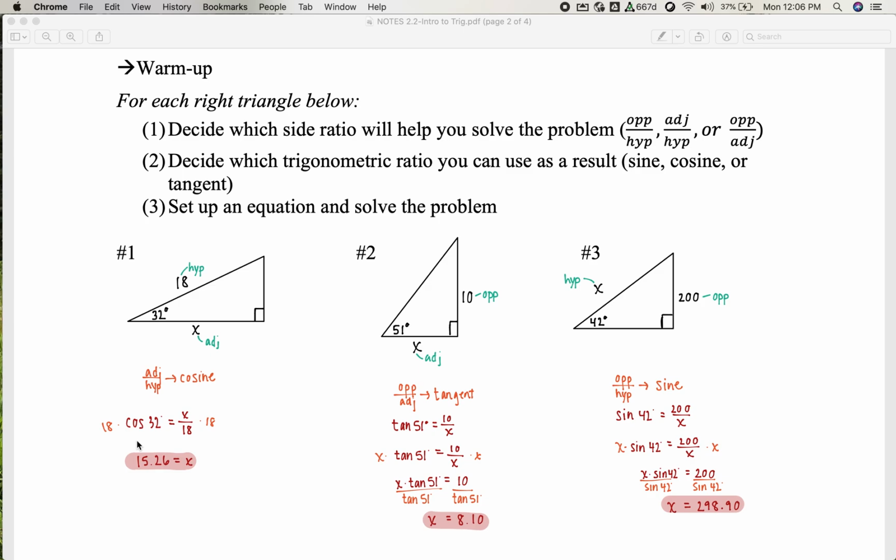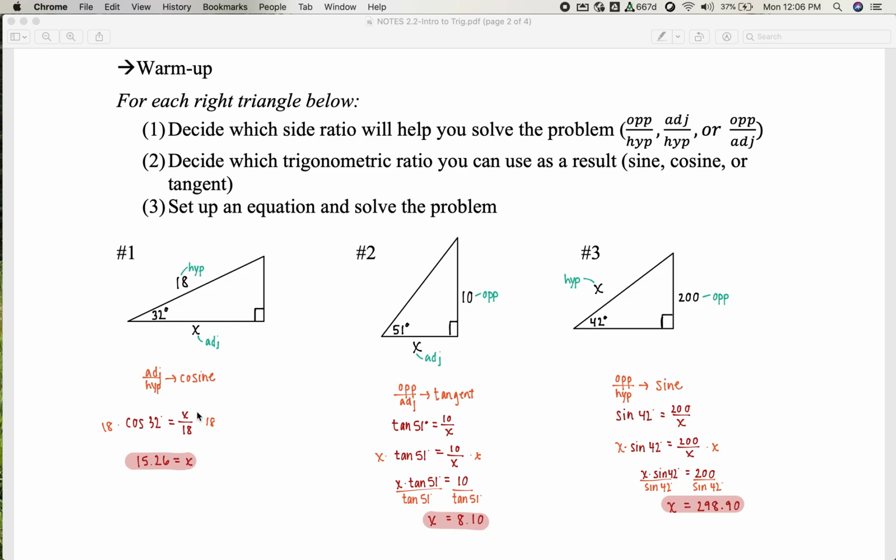So as I go to set up the equation, I'm going to take cosine of the 32-degree angle, and what that gives me is the ratio of the adjacent to the hypotenuse. So the adjacent is x, the hypotenuse is 18. I now know that x over 18 should equal whatever my calculator tells me cosine of 32 is.